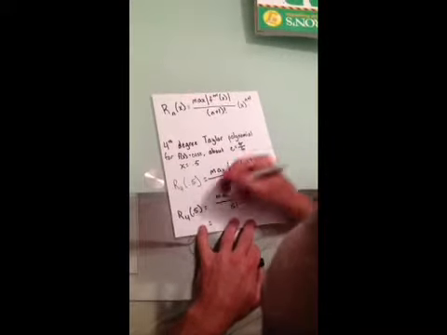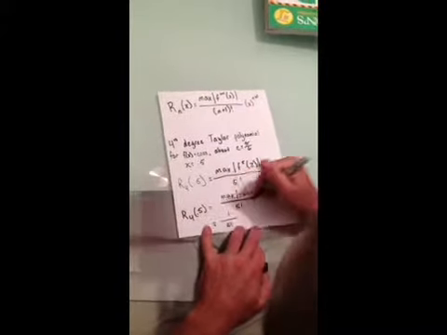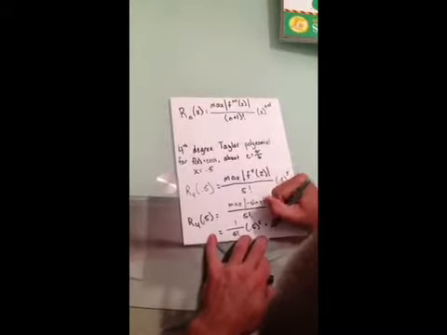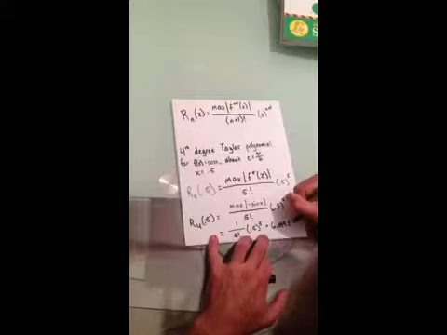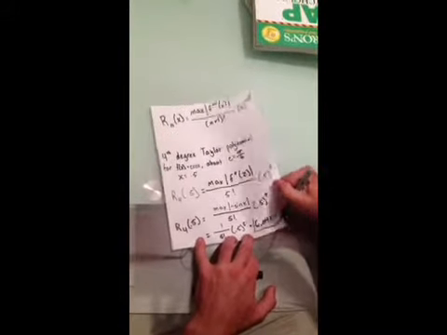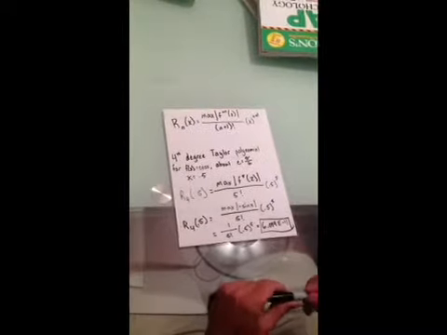So that's going to equal 1 over 5 factorial times 0.5 raised to the 5th, which is going to equal 6.099 e to the negative 11. And that's how you do the LaGrange series error.